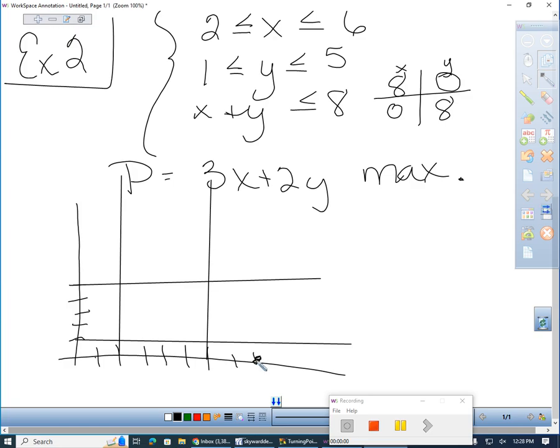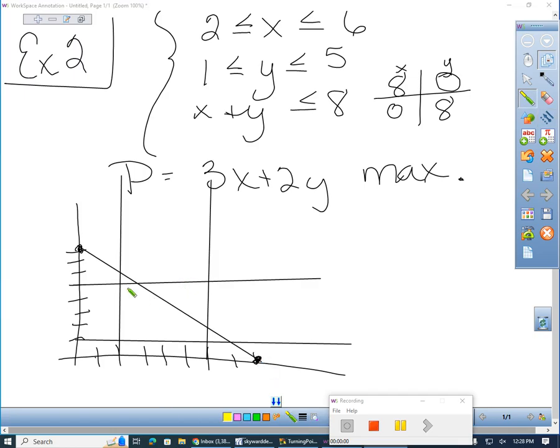I'm going to put a dot here. And 5, 6, 7, 8. I'm going to put a dot here, and I'm going to connect my dots. And it is less than that. So our feasible region is this section right here. So we've graphed our constraints. Now we are shading the feasible region.